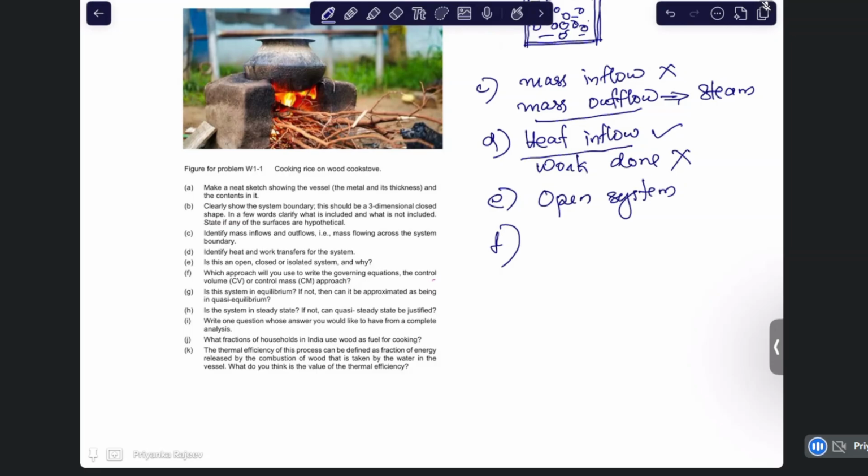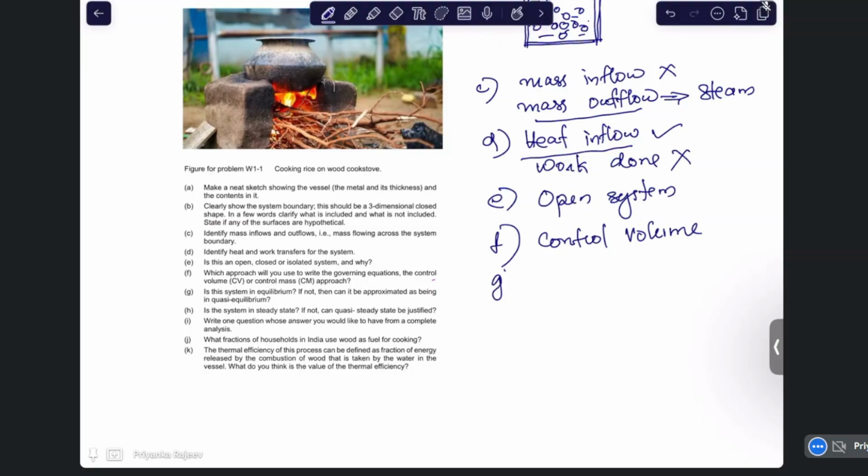For open system, it's always control volume approach. Control volume, because volume will be constant, not the mass, because if there's a mass outflow, that means water is evaporating and escaping the system. So the mass will not be constant always, so you cannot use the control mass approach.